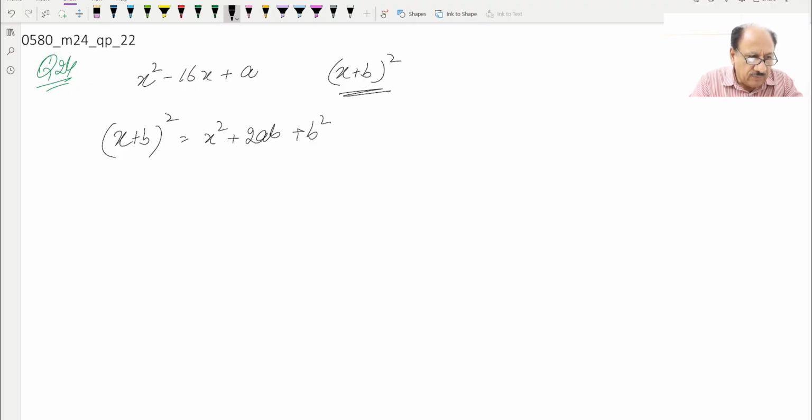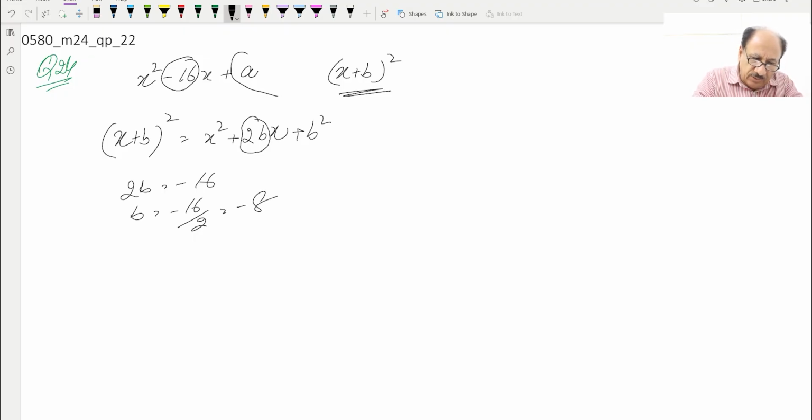So if we compare this equation, the x term in this formula will be 2bx, and the constant is equal to b square. If we compare this, minus 16 is equal to 2b, so 2b is equal to minus 16, so b will be equal to minus 16 by 2, which is equal to minus 8.